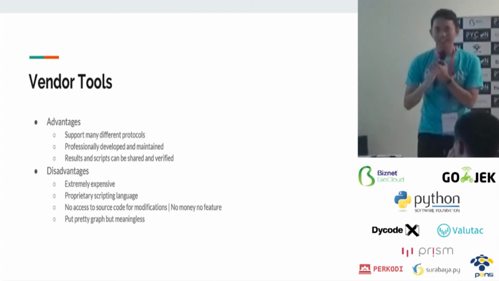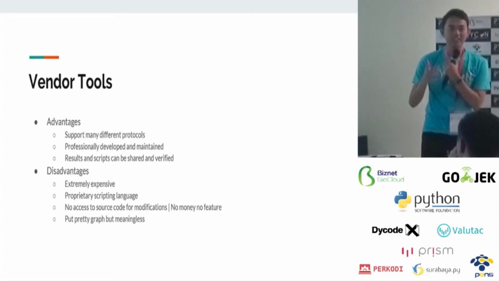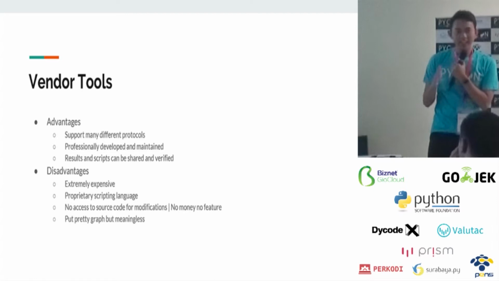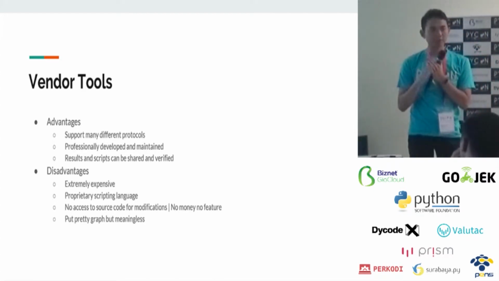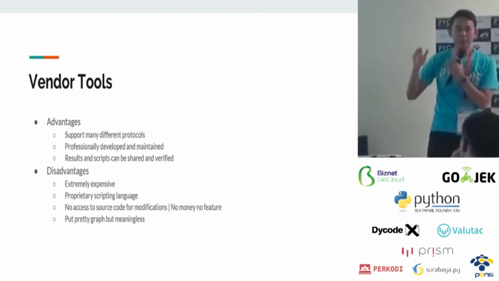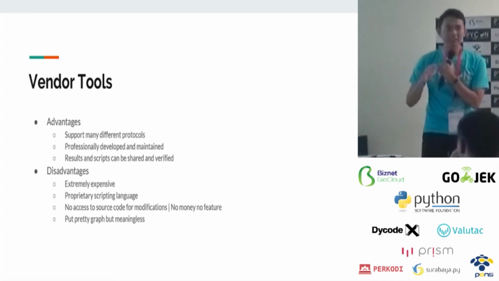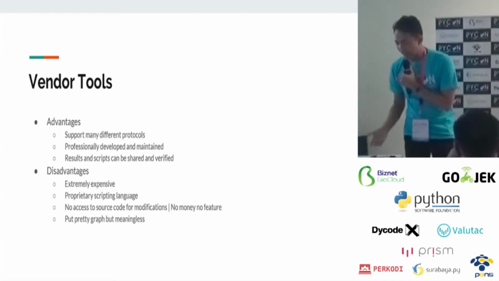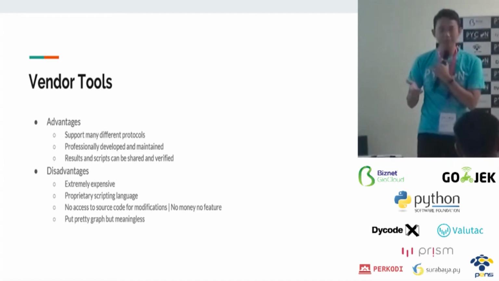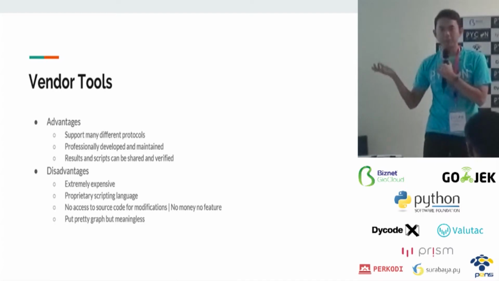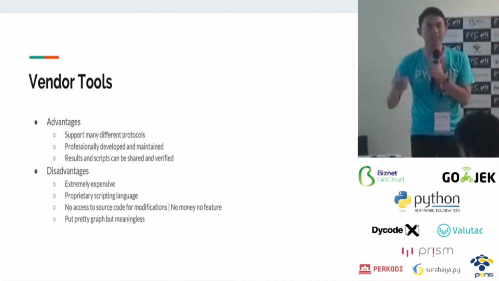Okay, there is another option which is vendor tools. The advantage of vendor tools is they support many different protocols, not only HTTP, maybe IMAP, SOAP, and many others. And it's professionally developed because there's a developer there. And results and scripts can be shared outside the company because other people can also buy the tools and try the script.